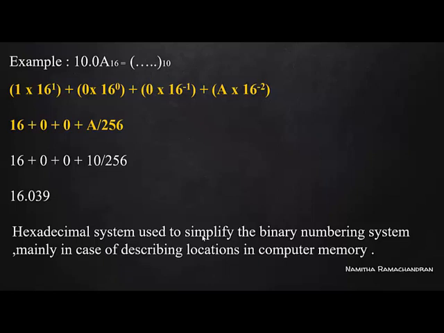Usually the locations are specified in binary and we can convert them into a user-friendly form, that is, hexadecimal form. So usually memory locations are addressed using numbers in hexadecimal form. Okay, so all these are the four commonly used number systems.